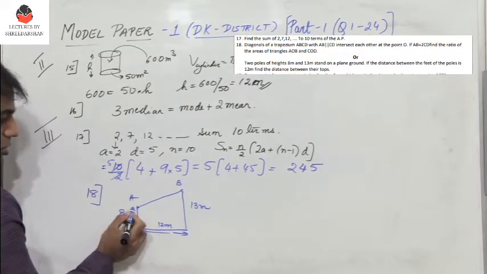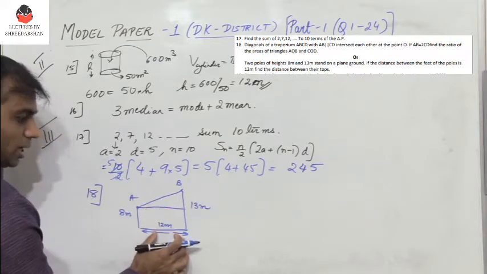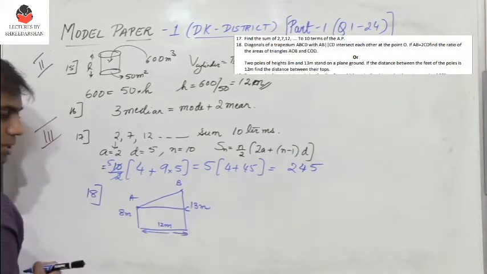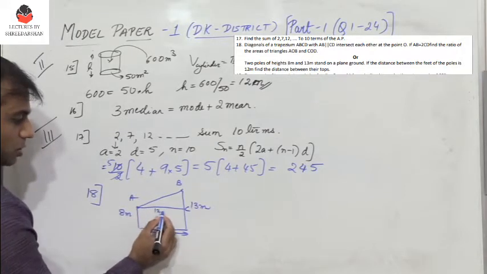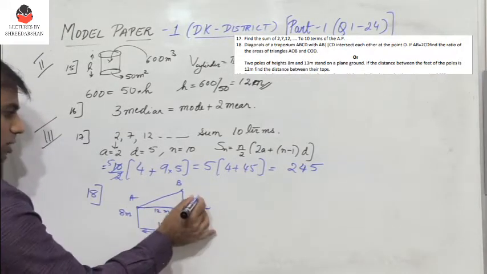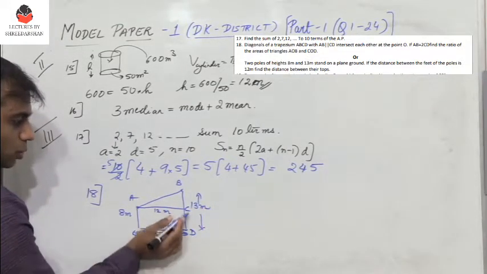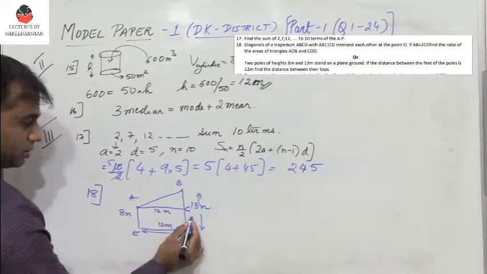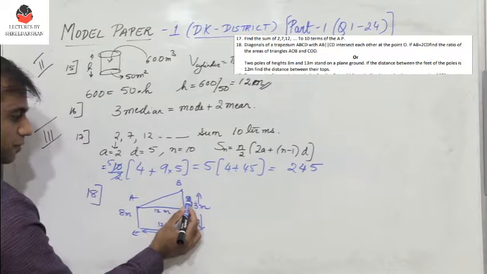Now let me join A and this pole such that these 2 lines are parallel. Let me call this point C. Now we know that these 2 lines are parallel and AC will also be equal to 12 meters. Now this is 13. Let me call this D and E. What is CD? CD is 8 meters. What is BC? BC will be 13 minus 8, which is 5 meters.